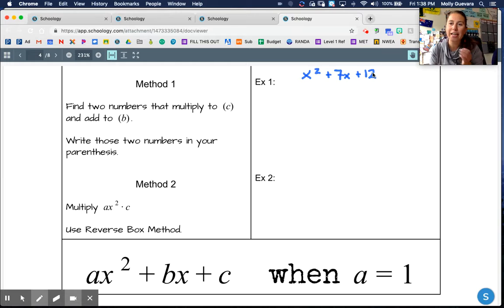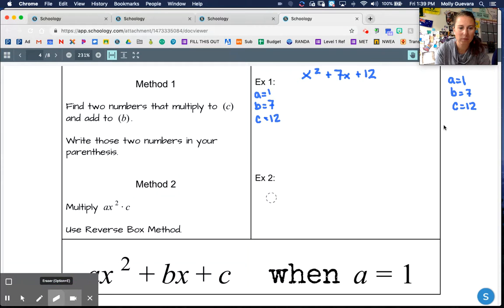When we're figuring out our a, b, and c, we never include the variable. So a is 1, b is 7, c is 12. Let's write that on the foldable.